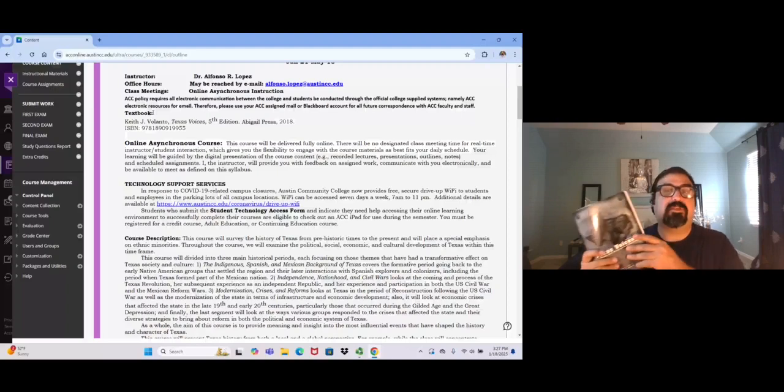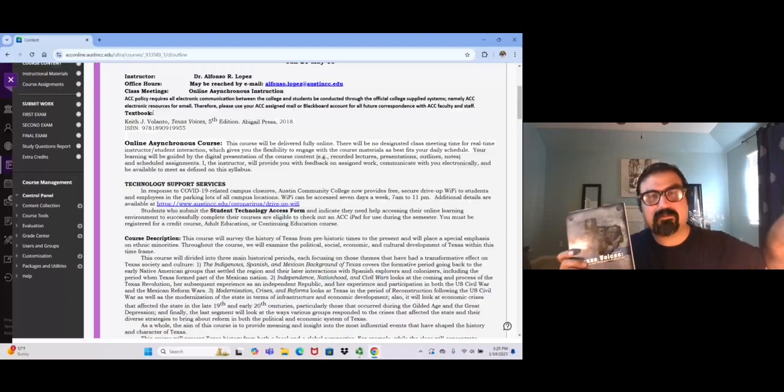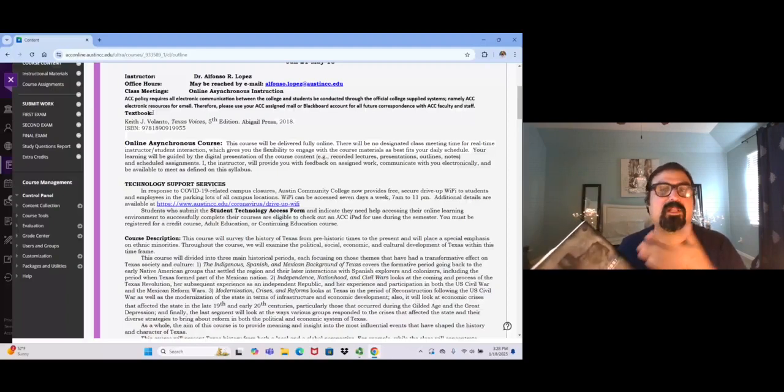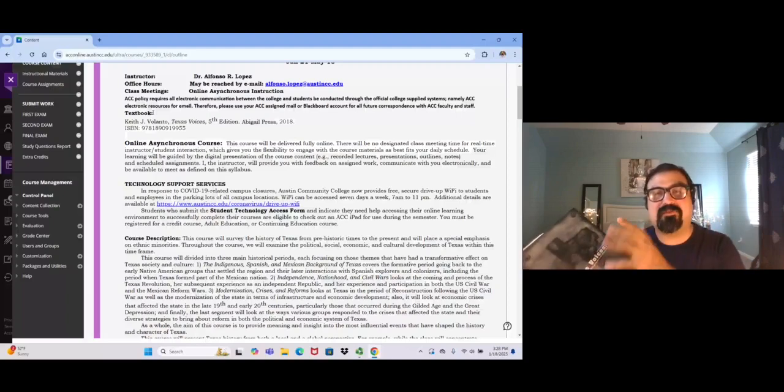Why this book is important is because you need it to complete the course assignment, the main course assignment that is due at the end of the semester. Okay, this is why you need the textbook. This is not the textbook that you're going to be following along as we're proceeding with the lectures, and that you are kind of looking at the same material being reflected in the book.